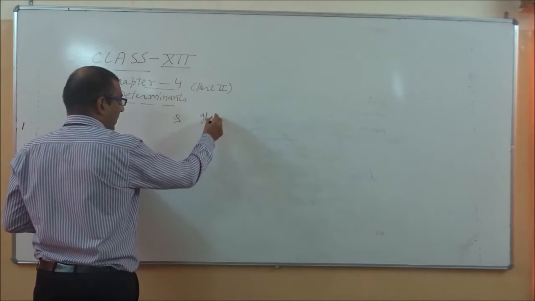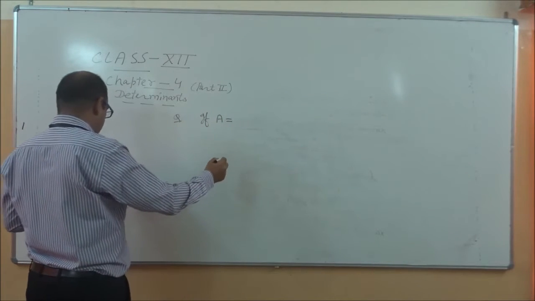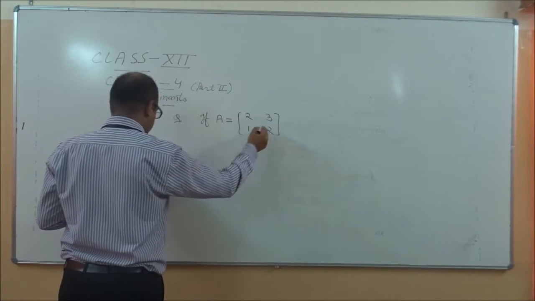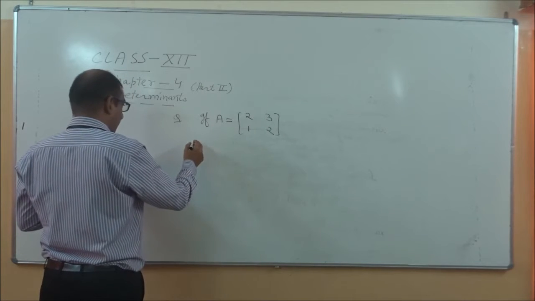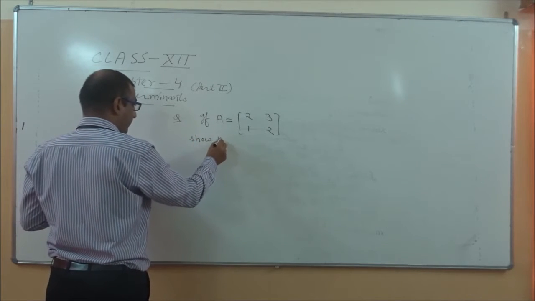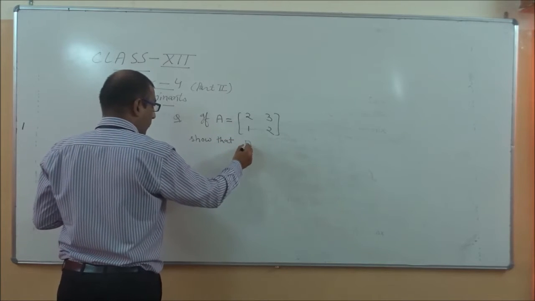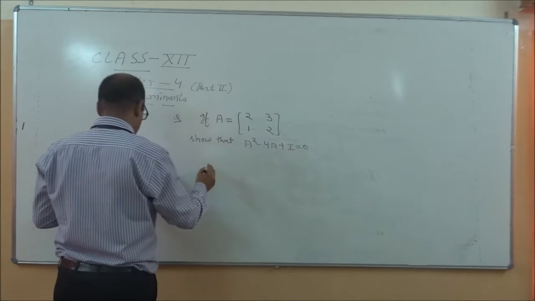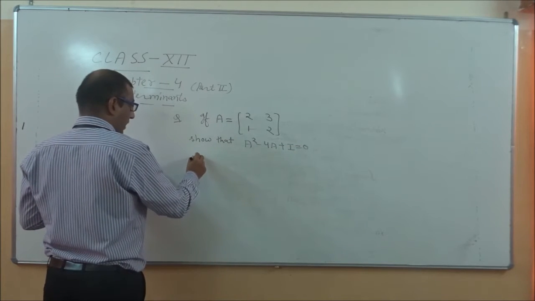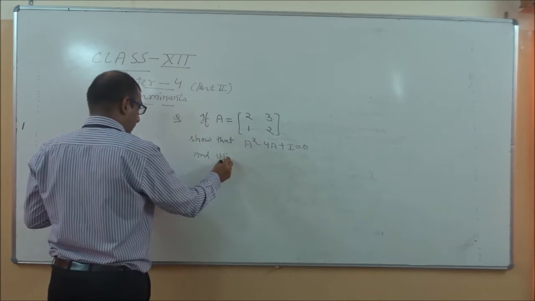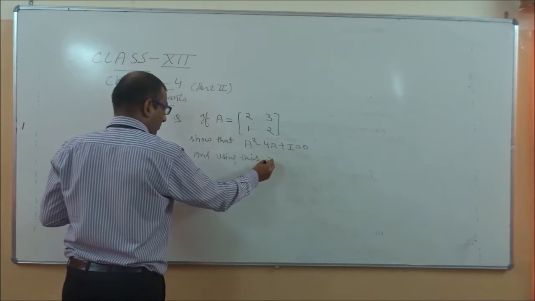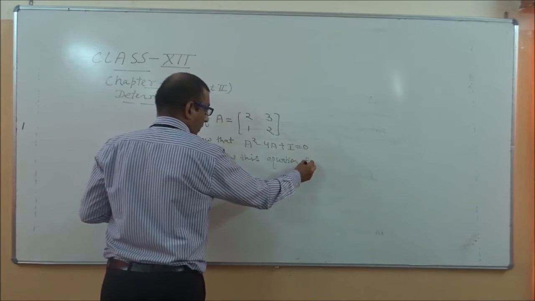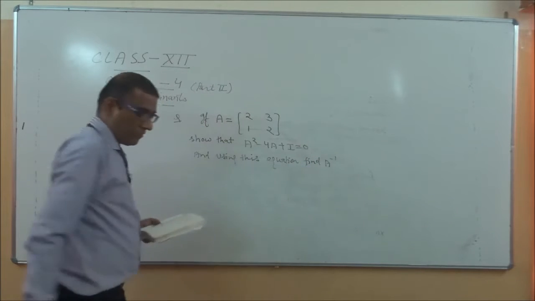For example, if matrix A is given and the value of matrix A is [2, 3; 1, 2], then we have to show that A square minus 4A plus I equals 0, and using this equation, we have to find A inverse also.